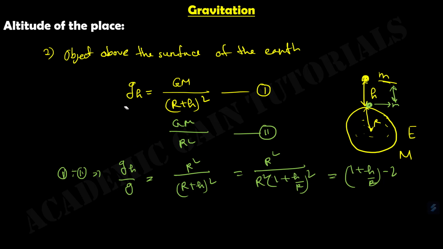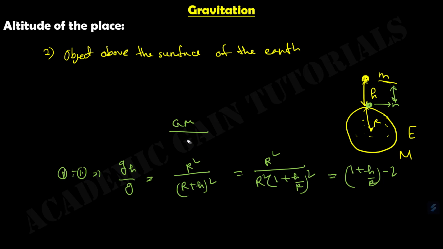Let me clear this. If we expand this binomial expansion, then we'll get g h by g equals 1 minus 2h by R.